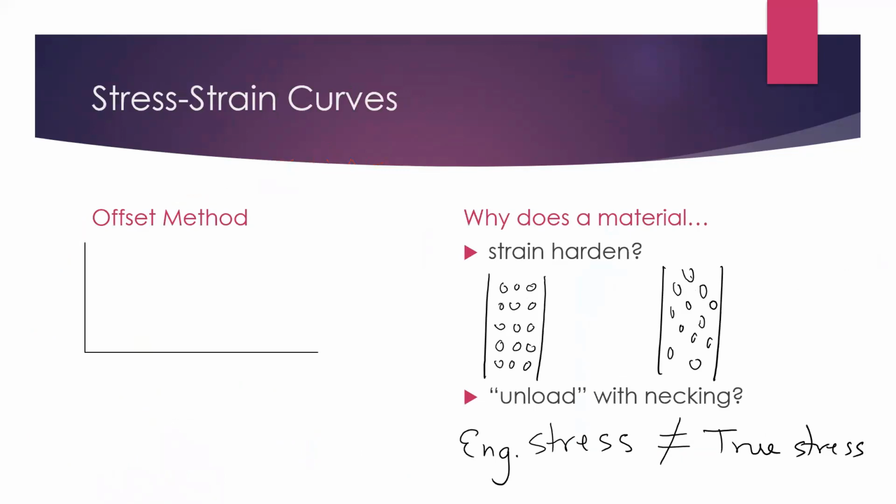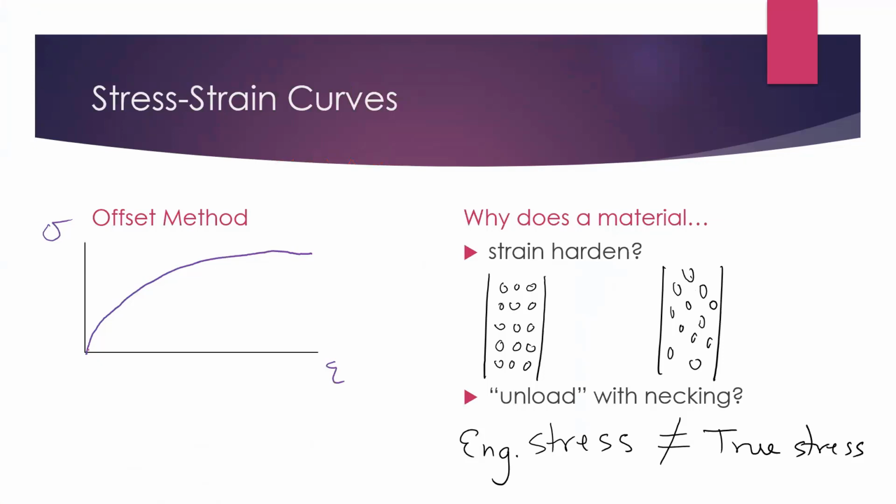All right, so I'm going to back up a slide because we skipped over something called the offset method. So when we have a material and the stress strain curve looks something like this, it's a little bit difficult to pinpoint when that material stopped being elastic. There's not some definite change in the response. And so this offset method tells us to draw a line that's parallel to the initial slope.